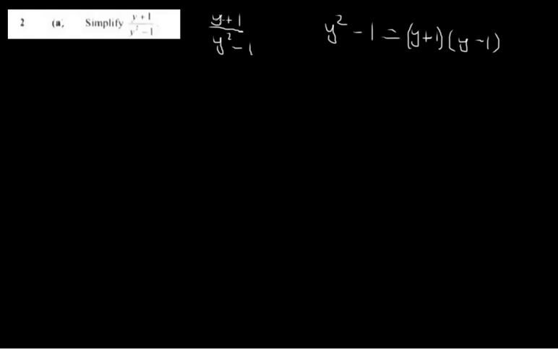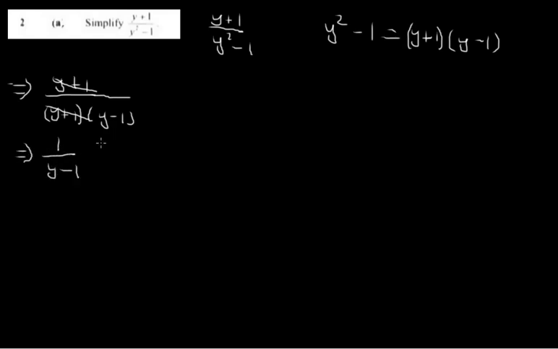Okay, so we can replace this with that, and we will have y plus 1 over y plus 1 times y minus 1. And from there, this and that can go, and you would have 1 over y minus 1. And can this be simplified any further? I believe not. So this is as simple as it gets, and we can move on to the next question.